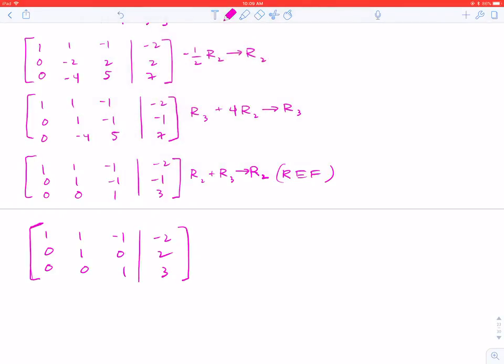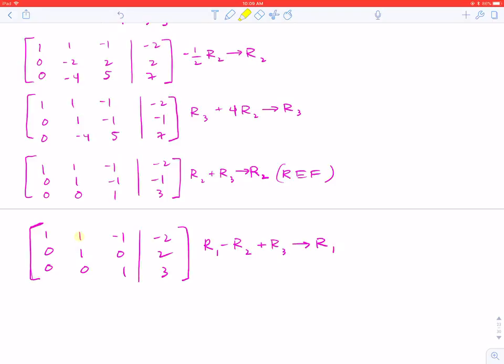Let's use row 2 and row 3 to help us. So for row 1, why don't we subtract row 2 and add row 3. You could do this in 2 different steps, but by subtracting row 2 from row 1, that will make the 1 in column 2 equal to 0.